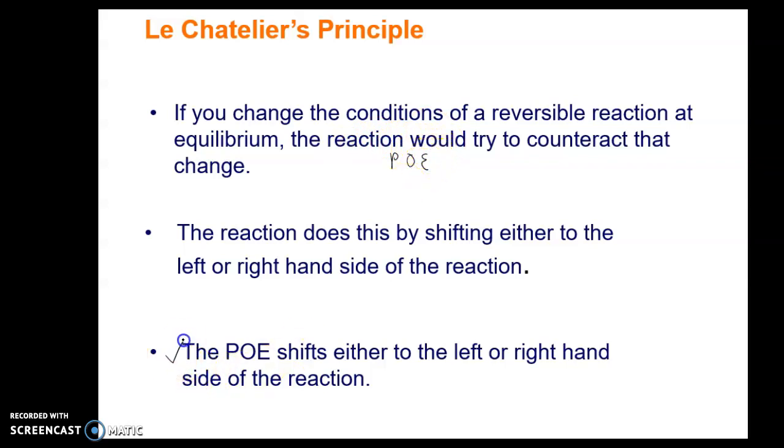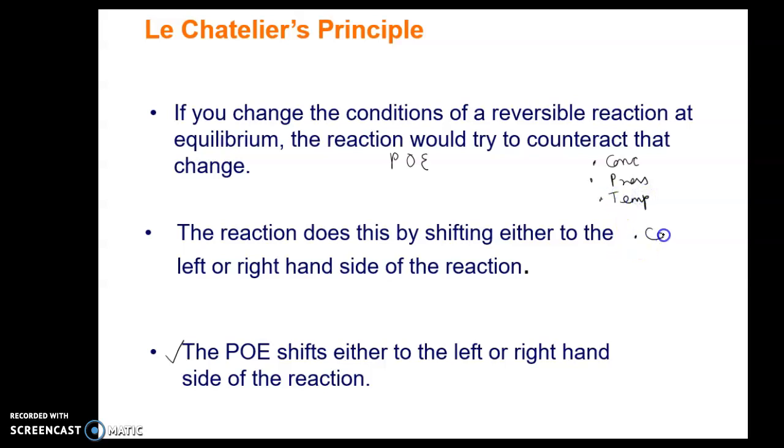So the position of equilibrium would either move to the left or the right hand side of the equation. The conditions that you can use are either concentration or pressure or temperature.